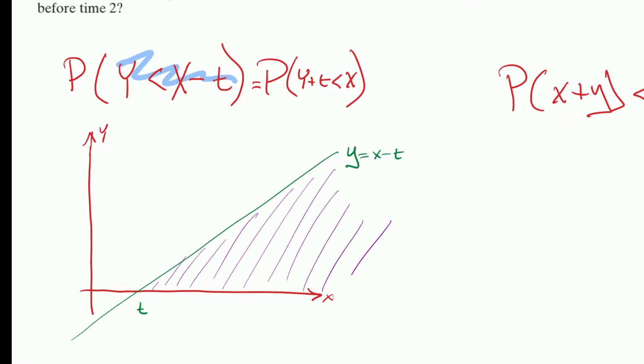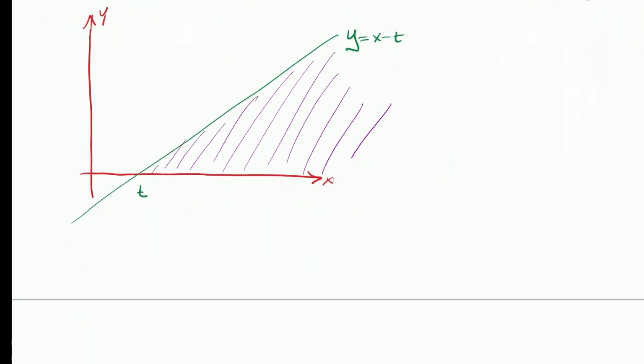All of this, the stuff I've shaded purple, Y is less than X minus T. So here's AJ's car. MJ takes a smaller amount of time than AJ, but you have the T, the delay involved. Okay, so now I can do this. Let me just set it up, and then we'll move to the second one. So this one would be this double integral.